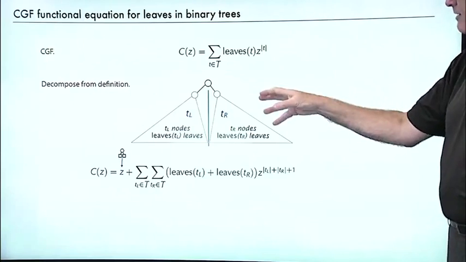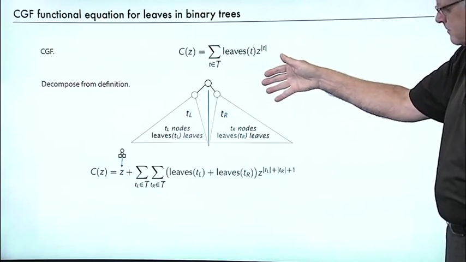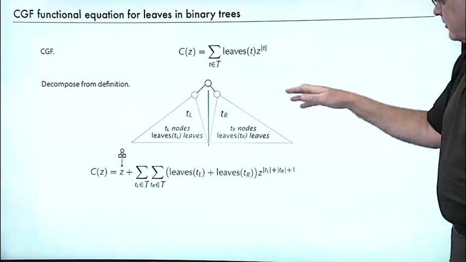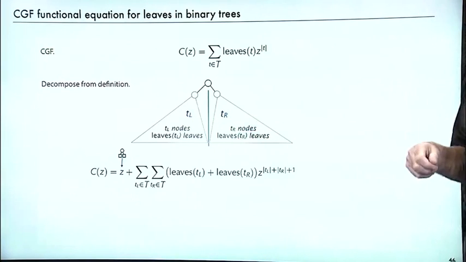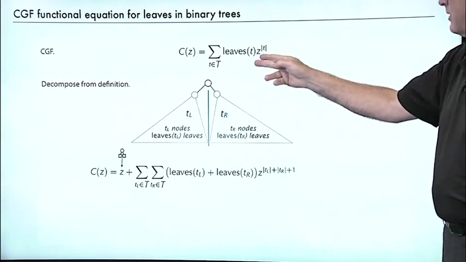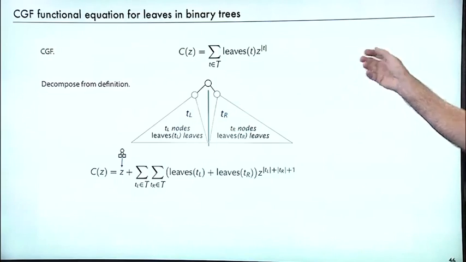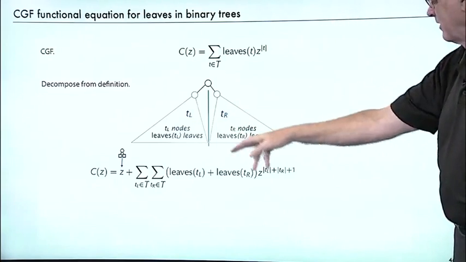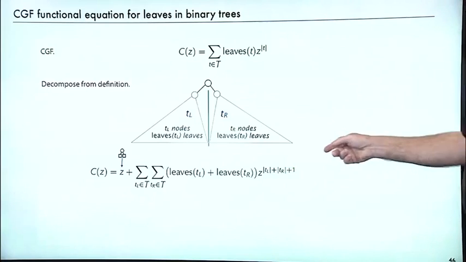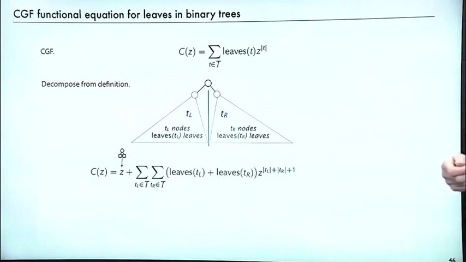And however many leaves there are in the tree is the total number of leaves on the left plus the total number of leaves on the right. If it's got more than one node in it, a leaf can't cross between the two trees. So this equation here holds exactly, again, with the plus 1 for the root.